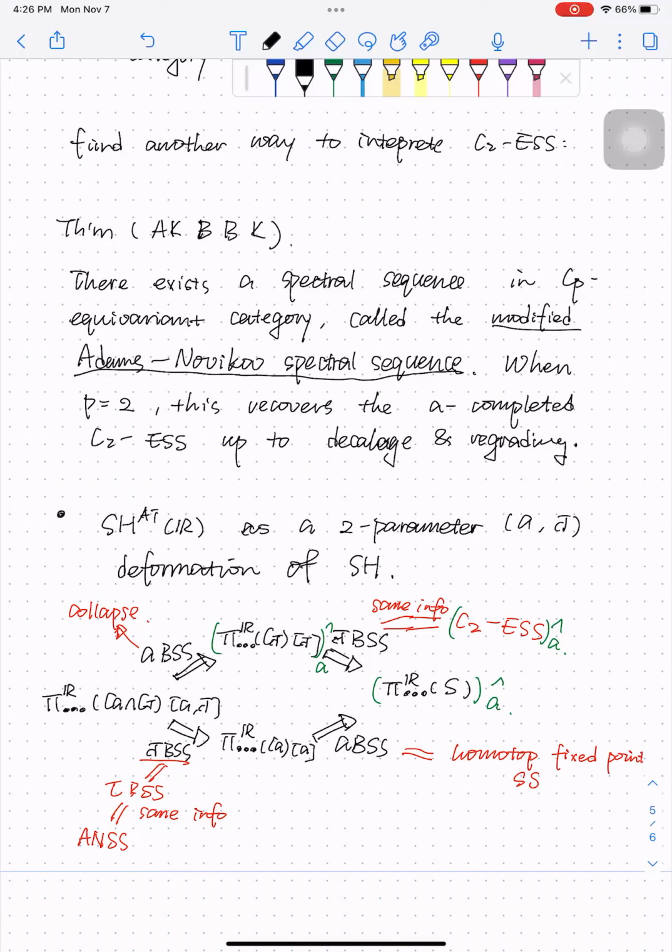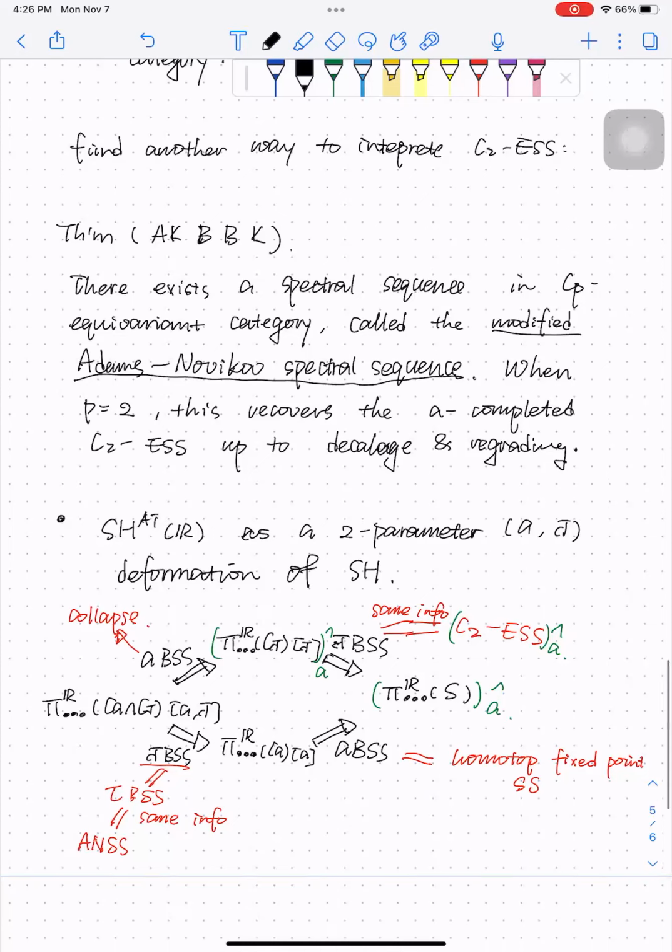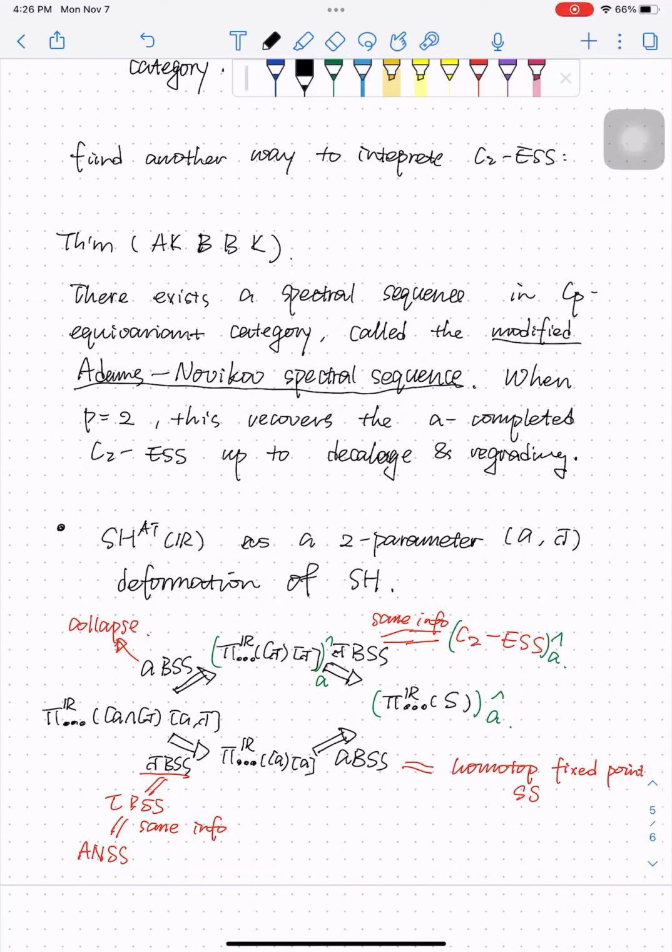For instance, in those theorems that you quoted, which say that one motivic stable homotopy category is a deformation of another, how unique is this deformation? Because there might be various non-equivalent deformations in principle.